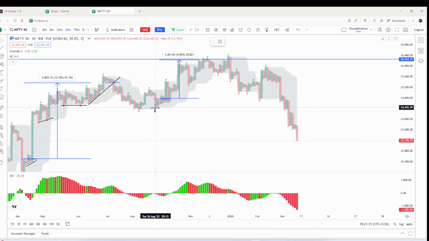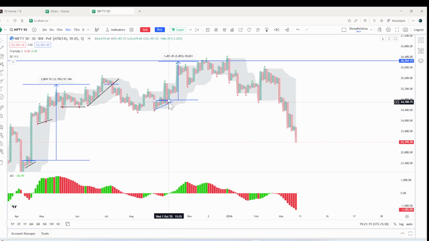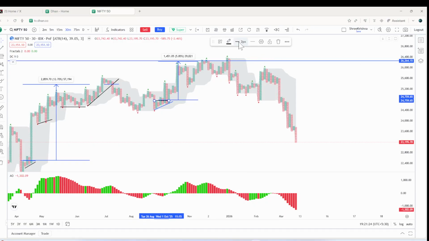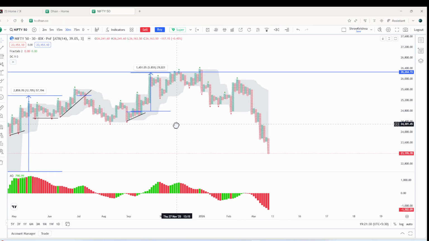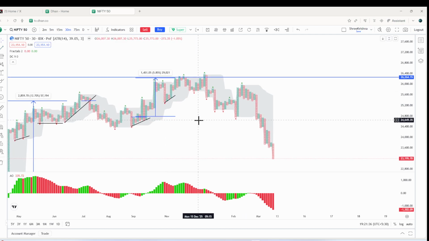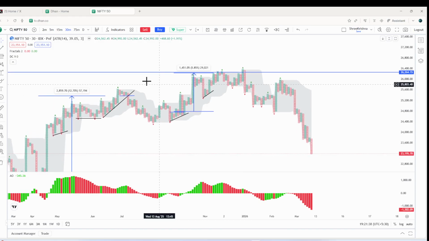See, again it is a 45-degree angle, no higher low has been broken. I will turn this into black. Again there is a 45-degree angle, there is no higher low break. Okay, but there is an exit here.